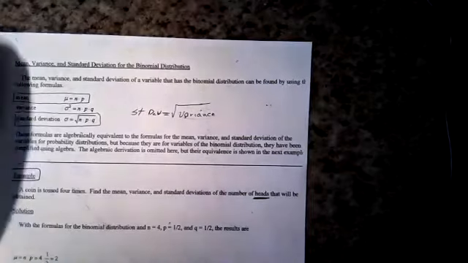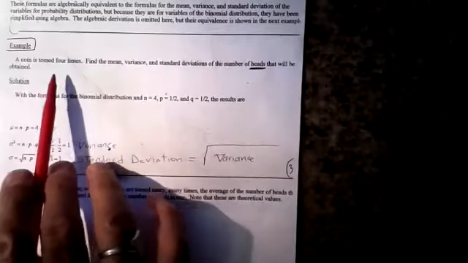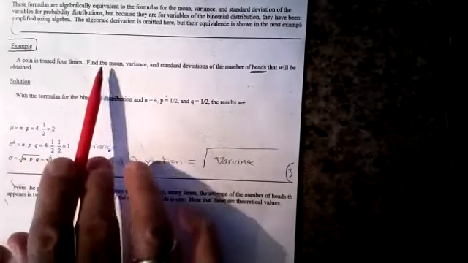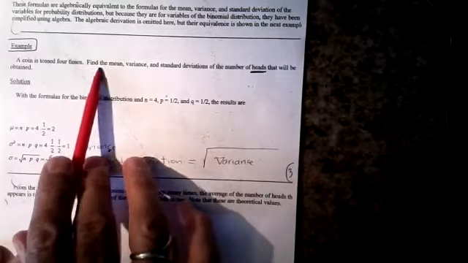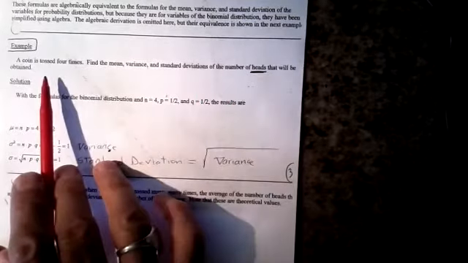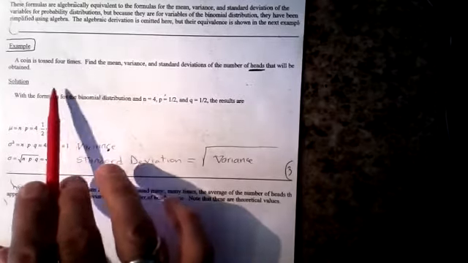All right. So now this example. A coin is tossed 4 times, so n is 4. Find the mean, variance, and standard deviation of the number of heads that will be obtained. When you flip the coin, what's the probability of getting a head? It's always 1/2, right?